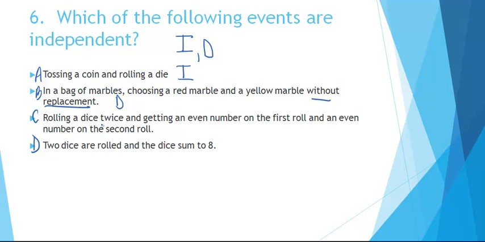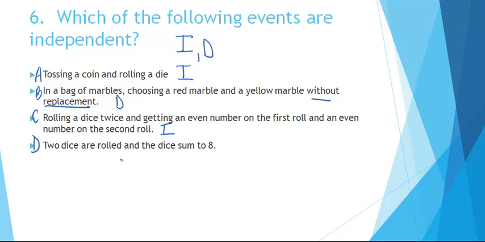And then rolling a die twice and getting an even number on the first roll and an even number on the second roll. Okay, so if you roll it even on the first one, it doesn't have any effect on whether it's an even number on the second roll. So these would be independent events.